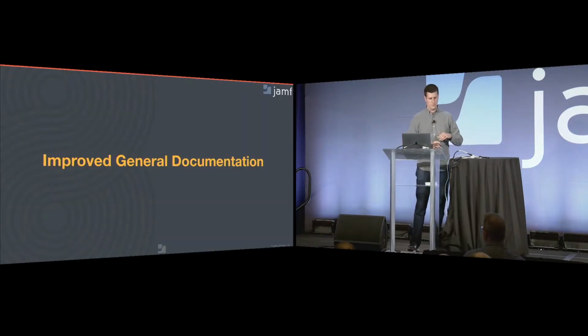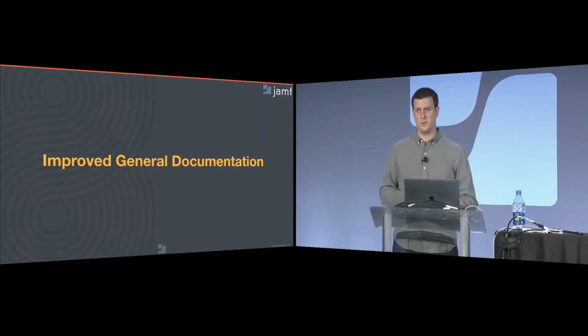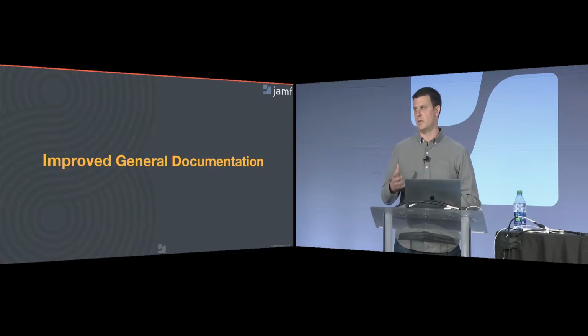We've also gone through and improved what I would call the general documentation around the Jamf Pro API. Up until this point, we haven't really done a good job at Jamf of showing you how to utilize the API. There's a handful of third-party projects scattered about that give you an indication of how to do this, but we've never provided anything great.